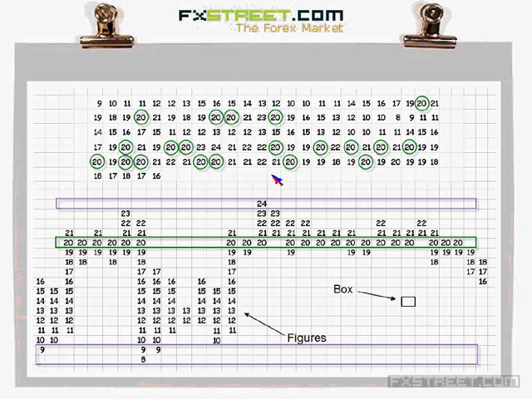So this is a key characteristic of a point and figure chart: with a simple look at the chart, you can see immediately where the price was transacted most of the time. And what this means in terms of supply and demand is that in those rows where the most boxes are filled is where supply and demand is at its equilibrium, so to say.